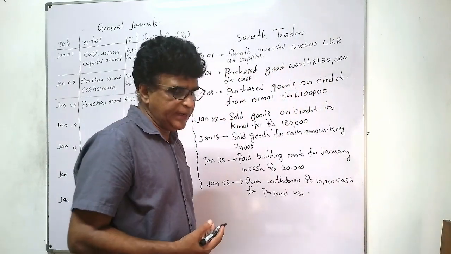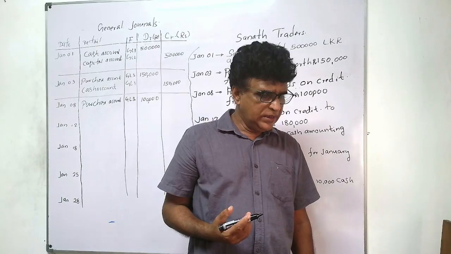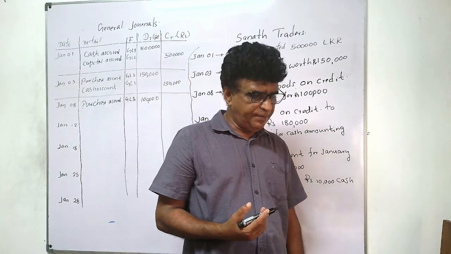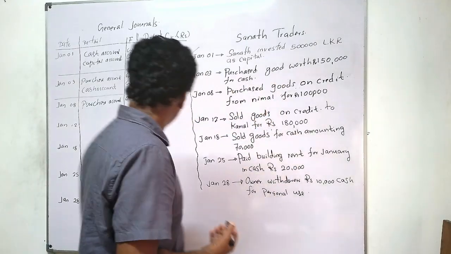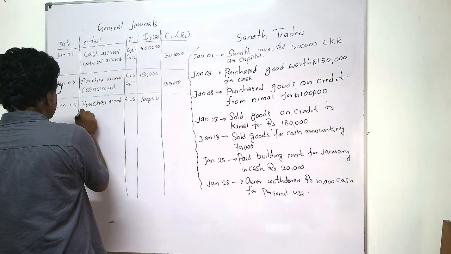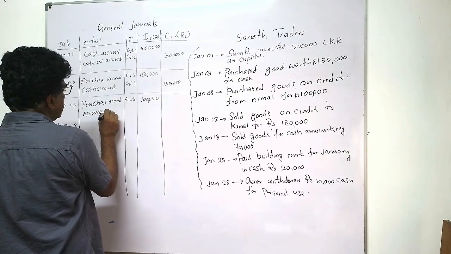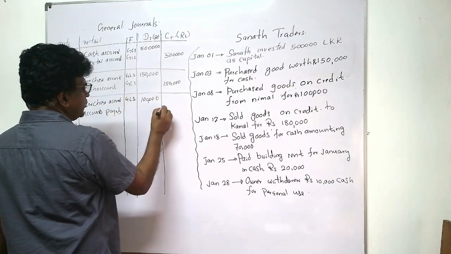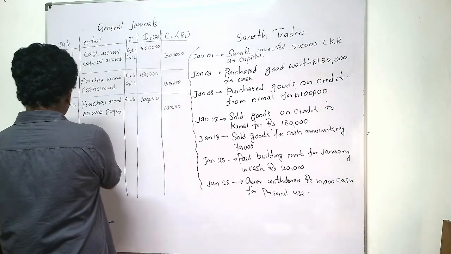That is payable. Then the trade payable account, that to be credit, accounts payable, that to be credit by the same amount.